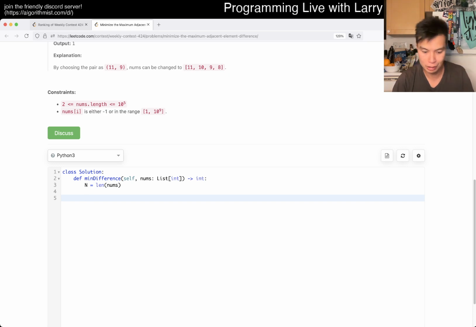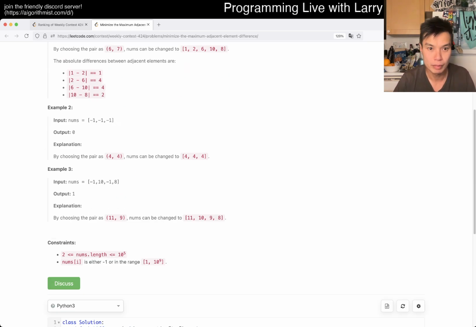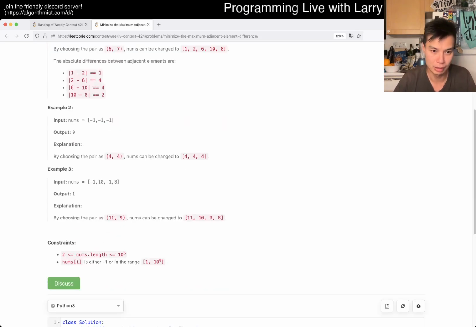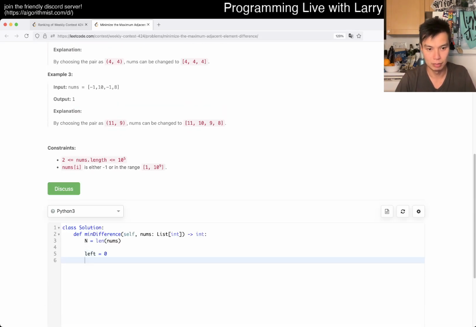I mean, this is not easy though, so we will see. There's always an answer because you can just set them to something, right? That's if you choose them all to be 0 anyway, so okay.